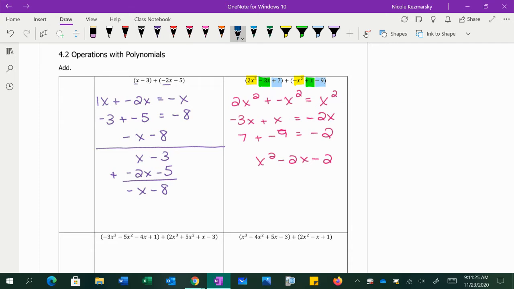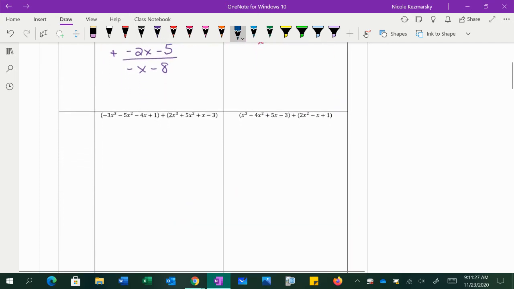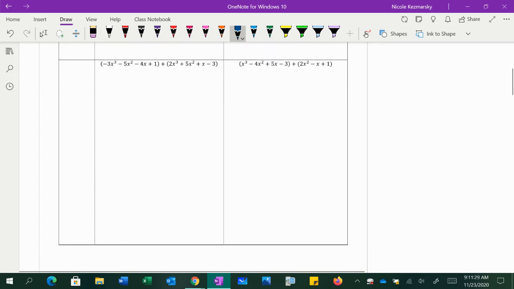For the next example, we'll try the stacking method. So for this one, we have x cubed in our polynomial. So I have an x cubed in the first polynomial and an x cubed in the second polynomial. I have an x squared and an x squared. I have an x and an x.